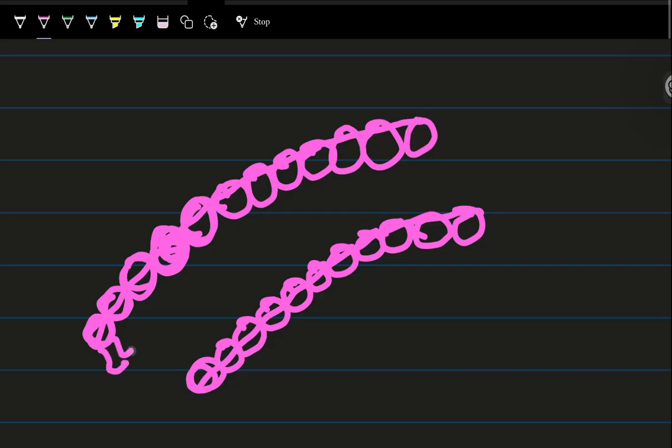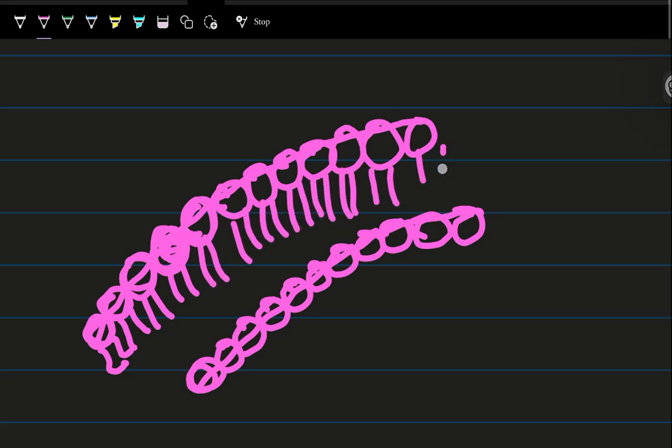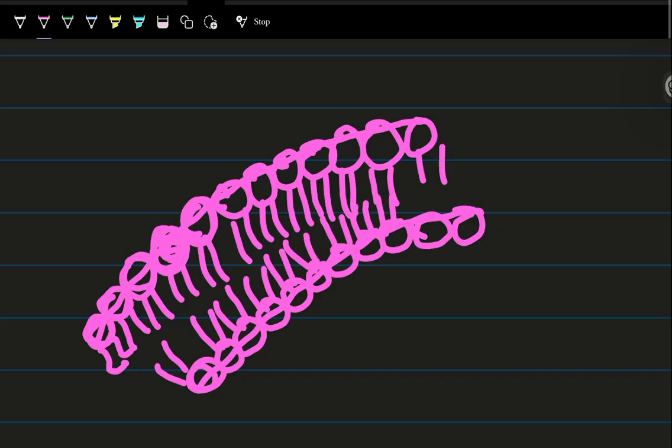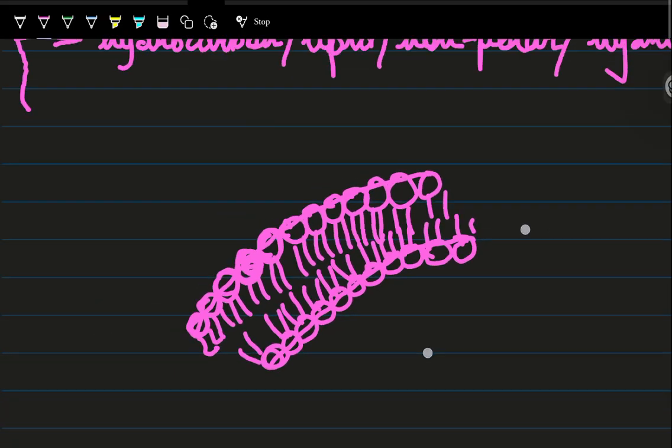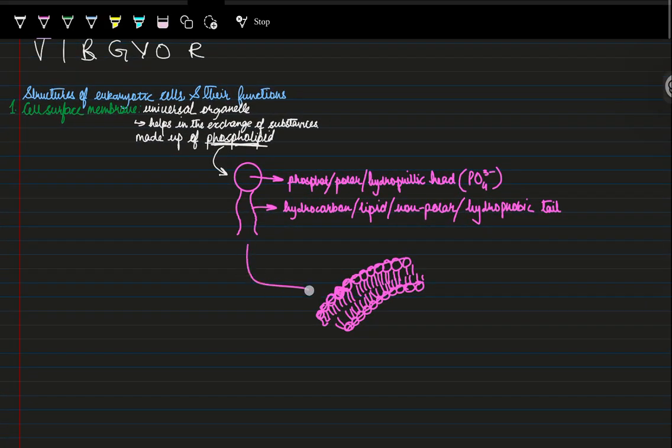And the tails, I'm just going to draw them as lines. There are also a lot of things present on the cell membrane, but we don't have them in our syllabus, so we're not going to talk about it. They are integral proteins, carbohydrates, cholesterol, etc. They are present in a bilayer like this. We call this the phospholipid bilayer.